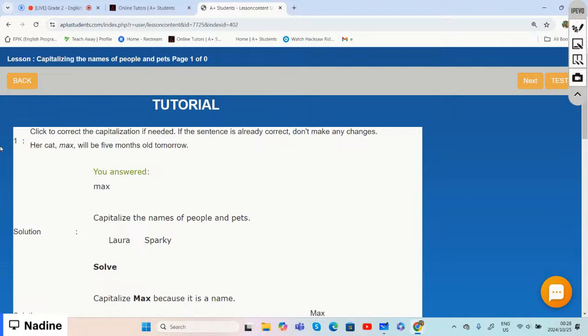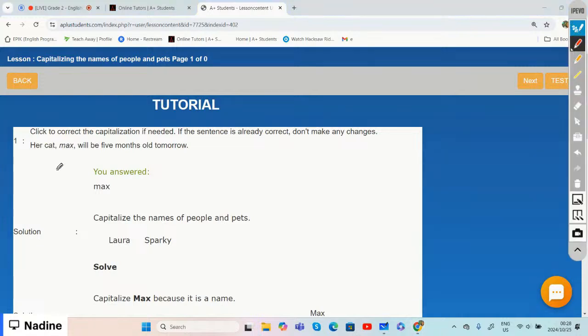If we were to fix and capitalize our word, then here we would say her cat Max. And Max is a capital M. Max needs to be capitalized because it's a name, whether it's a name of a person or a name of a pet, it's a name.